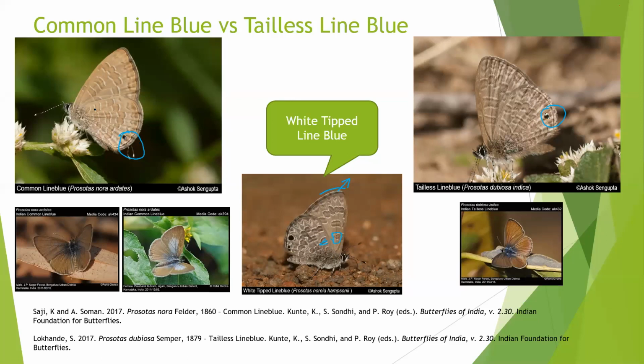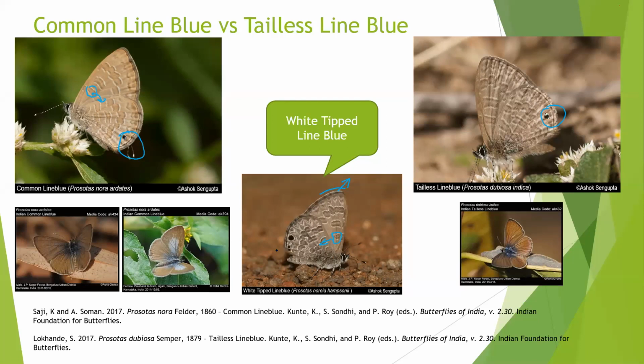In the case of the common line blue, you see the cell band goes beyond this. It is there, it is available. This band is extending beyond the cell. But in the case of the white tip line blue, this band is restricted inside the cell. That makes it different from the common line blue.